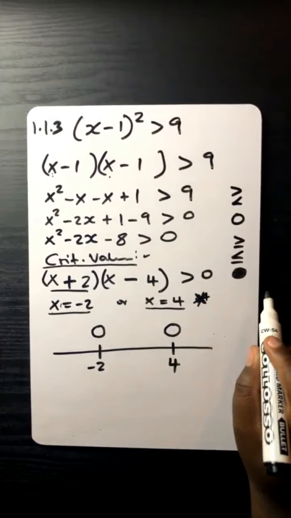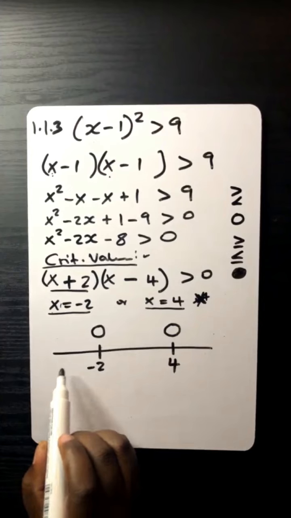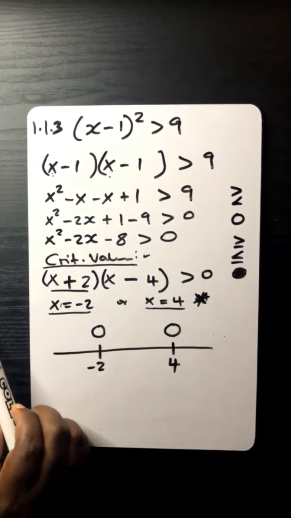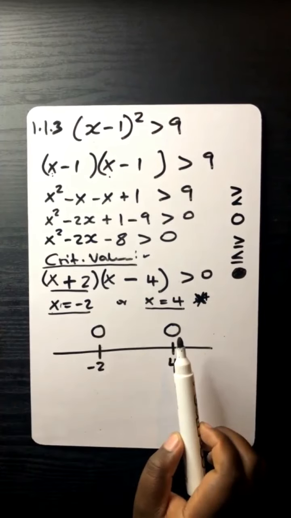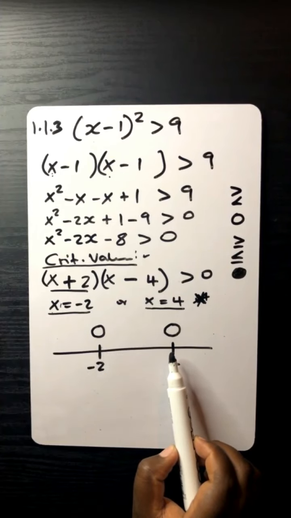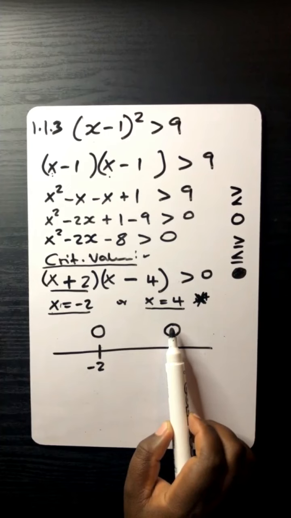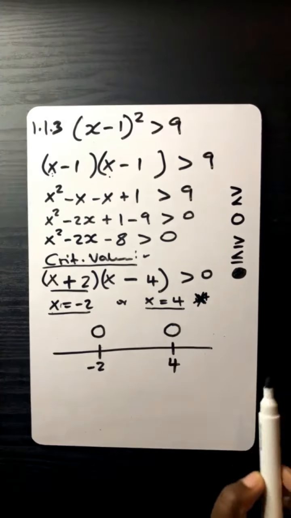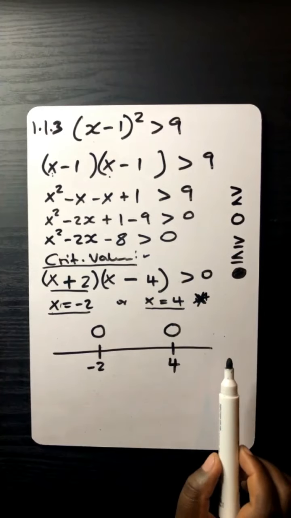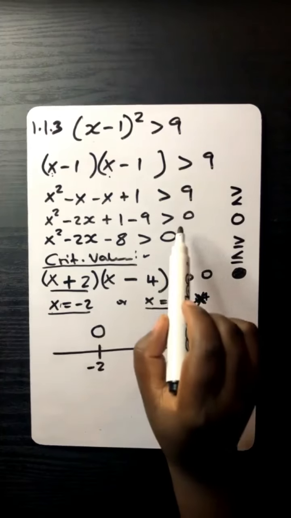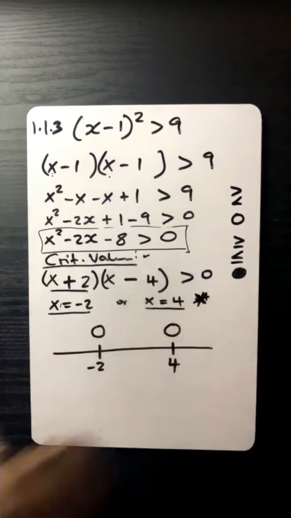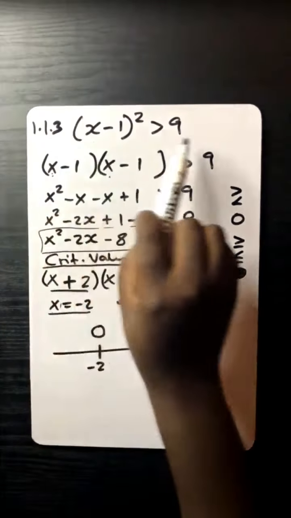So obviously, guys, we need to use any value on this side to test if we get a positive or a negative number. We also need to use a number in between, and a number on the other side of positive 4, to test if we get a positive or a negative value. So we substitute those values into the quadratic inequality which is in the standard form. You don't substitute it there.